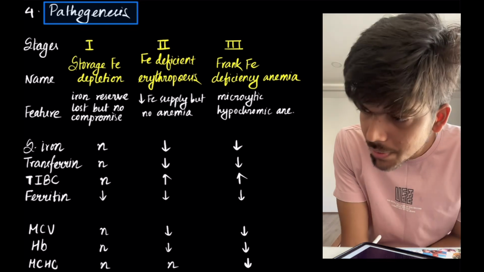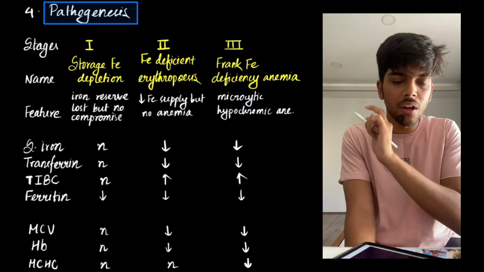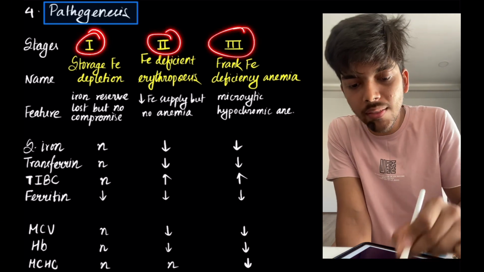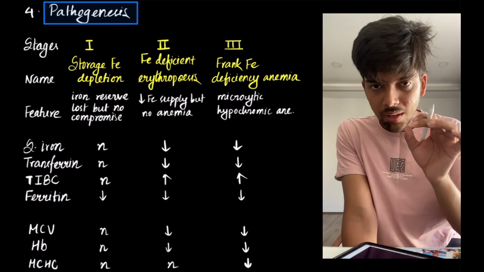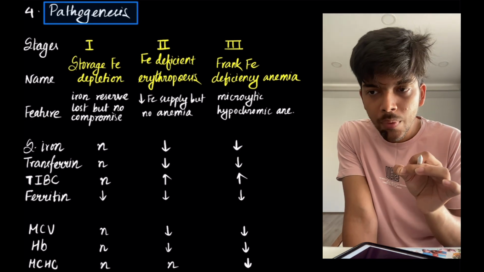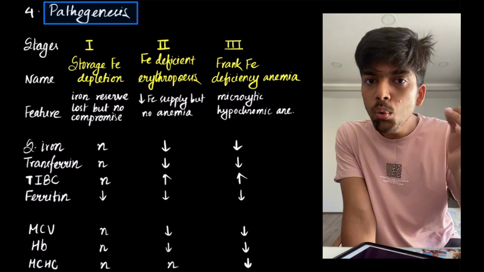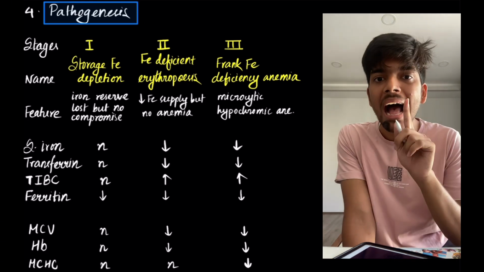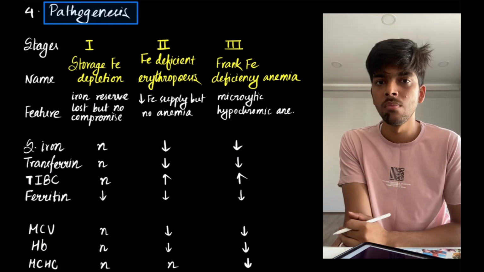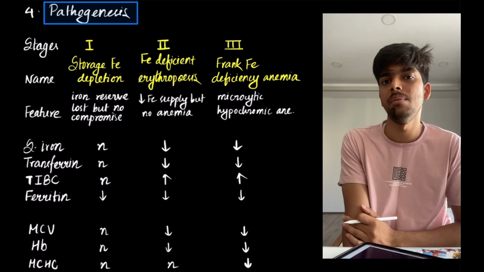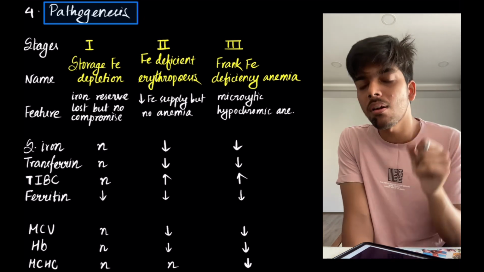Then pathogenesis. There are altogether 3 different stages of iron deficient anemia: stage 1, 2 and 3. In the first stage, serum iron level is supposed to go down due to lack of iron in your body. However, serum iron level does not go down, and you do not suffer from anemia. The reason being, there is iron stored in your liver.